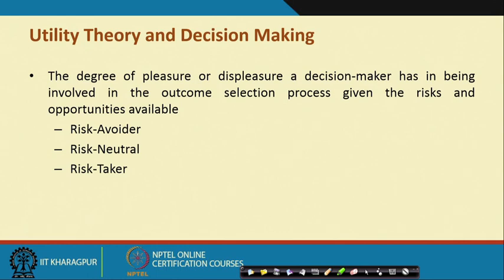So since it is a question of utility, there is an issue of satisfaction and dissatisfaction, and we have different levels of outcomes depending upon the risks, uncertainty, the alternatives and different situations. Any particular outcome which may give satisfaction to one decision maker may not give satisfaction to another. So we have different options where the decision makers will be satisfied and not satisfied, because ultimately it is not in your hand.